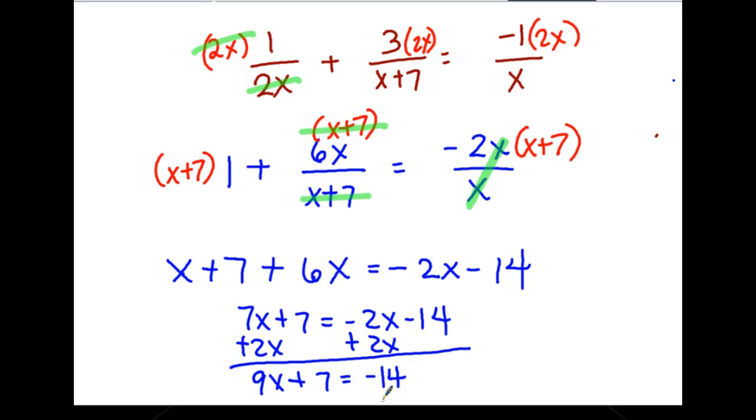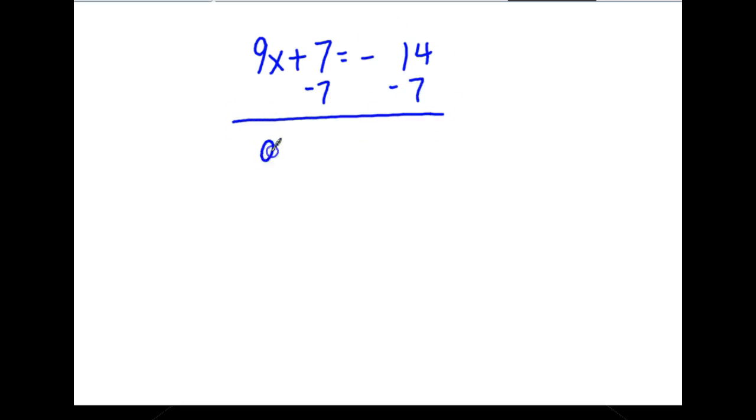Then what are we going to do? We had a 9x plus 7 equals a negative 14. 9x equals negative 21. Now what?